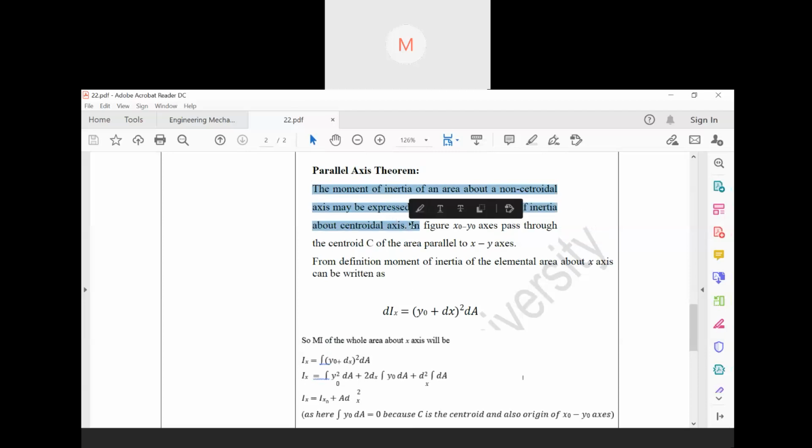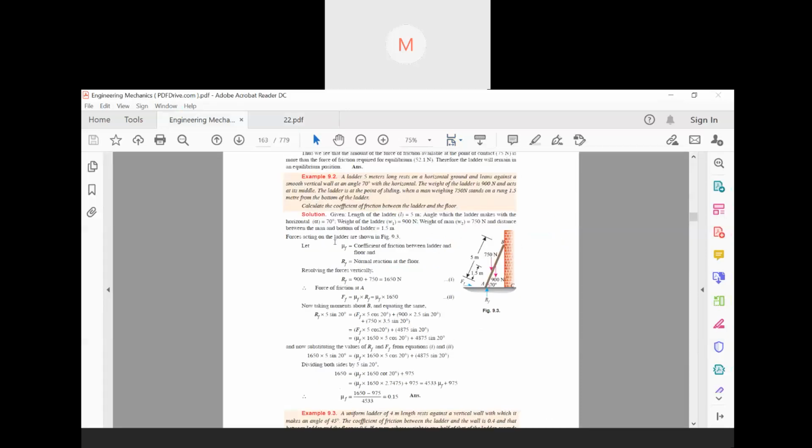This is the parallel axis theorem. These are basic mathematical terms; just try to understand this first line. This is the major term that is very important. Now what we shall do is try to solve some numericals.